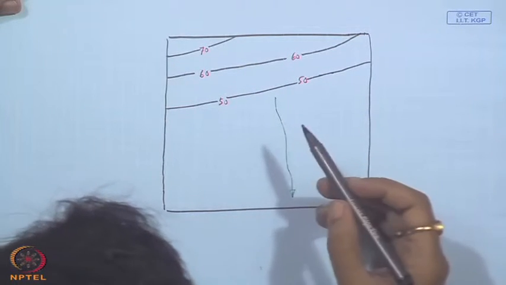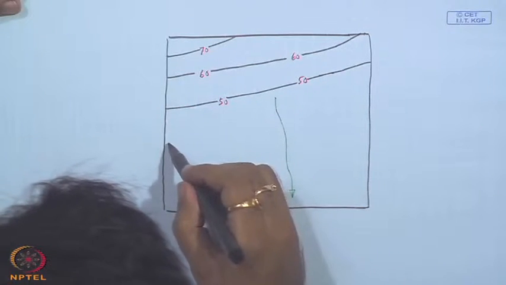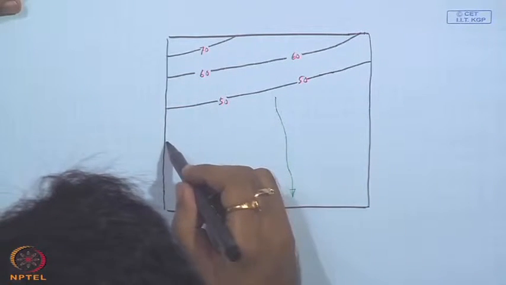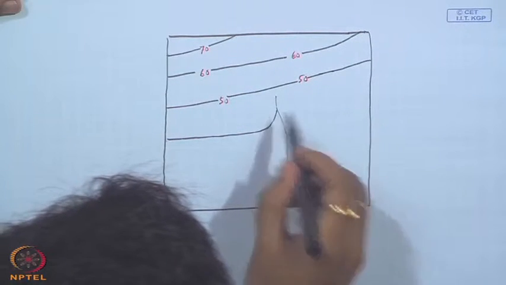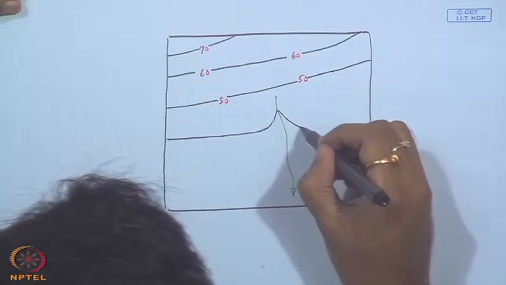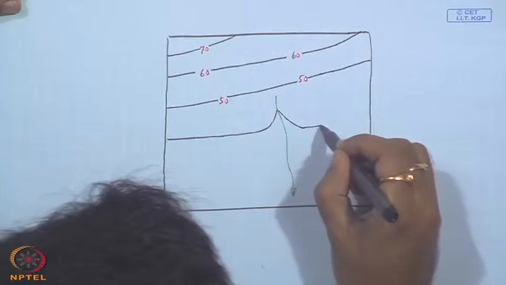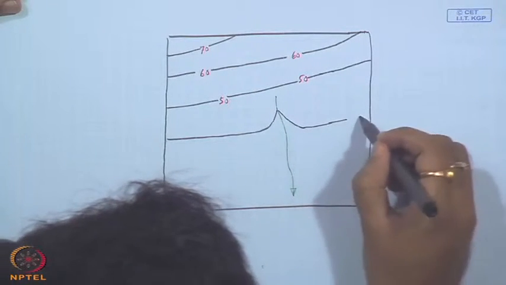Now, if you have that contour near this stream, there will be some deviation.